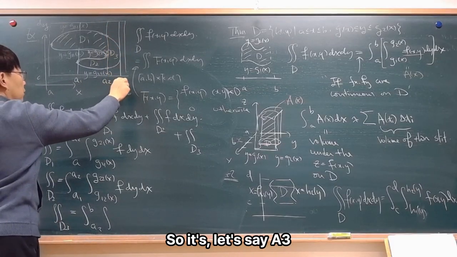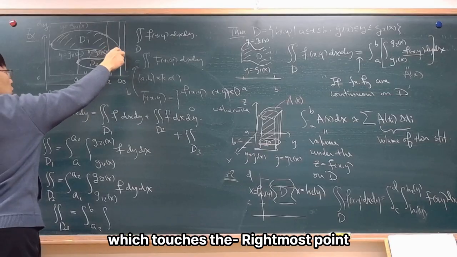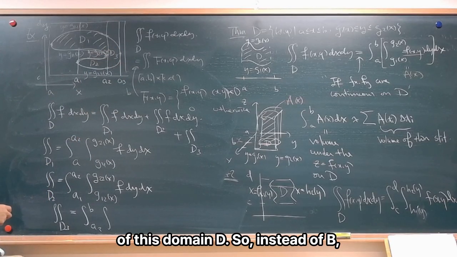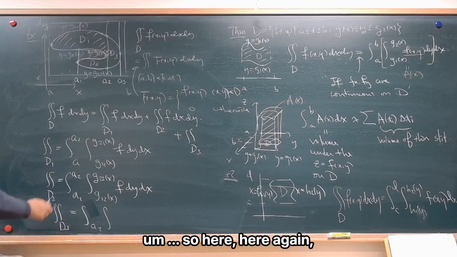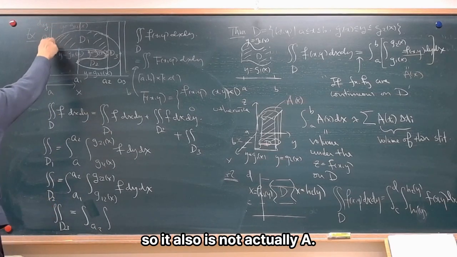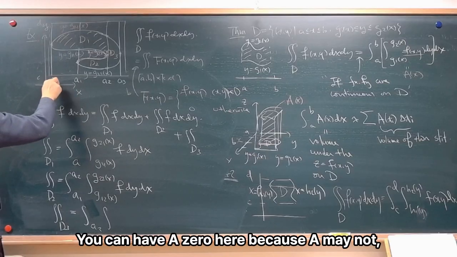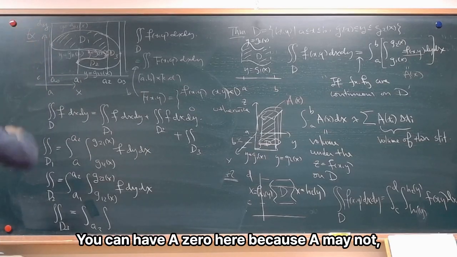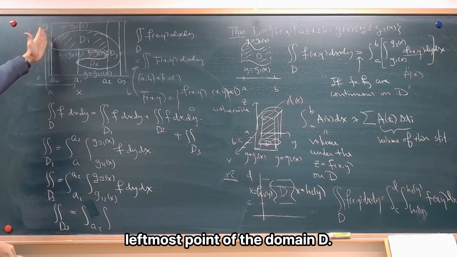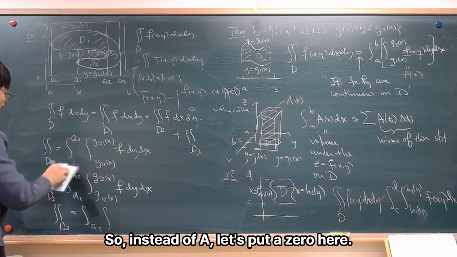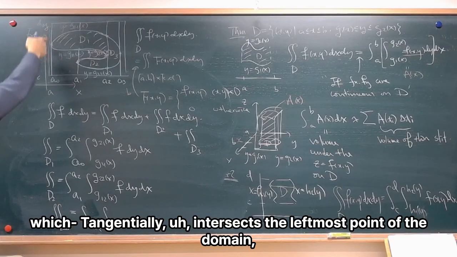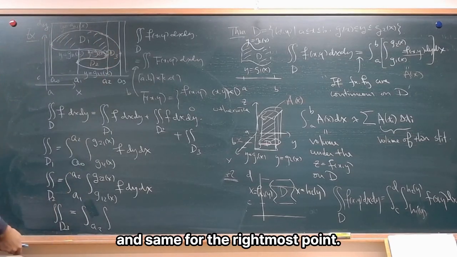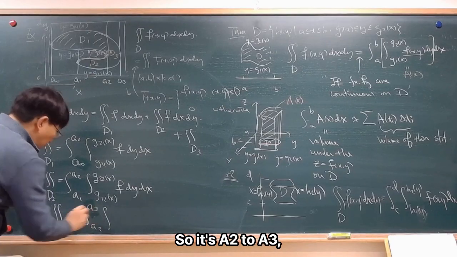Let's say A3 here, so we put the vertical line which touches the rightmost point of this domain D. Here again, it also is not actually A. You can have A0 here, because A may not be just touching the leftmost point of the domain D. So instead of A, let's put A0 here, just put the vertical line which tangentially intersects the leftmost point of the domain, and same for the rightmost point. So it's A2 to A3.